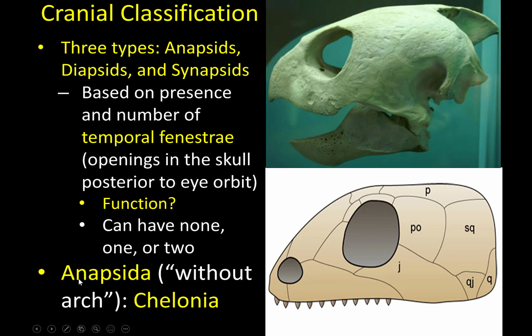An means without an arch. Okay? The anapsids are represented by the chelonians. These are all of our turtles and tortoises. Turtles and tortoises are the only reptiles that are anapsids.